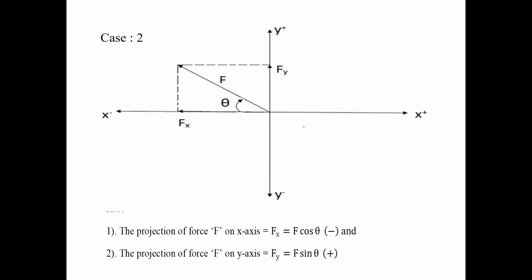So, the x-axis projection is F cos theta, but the direction here is in the negative direction of the x-axis. Look at the direction of projection Fx. Put your pen nib in the direction of the force F. Bring the pen onto the x-axis. Your pen nib here is in the direction of the projection Fx.